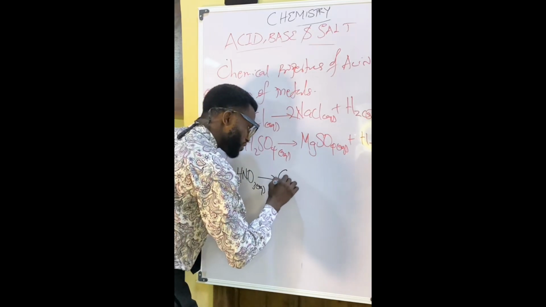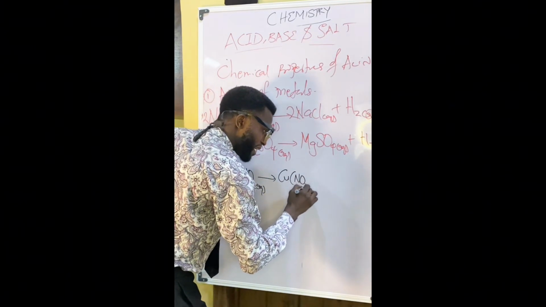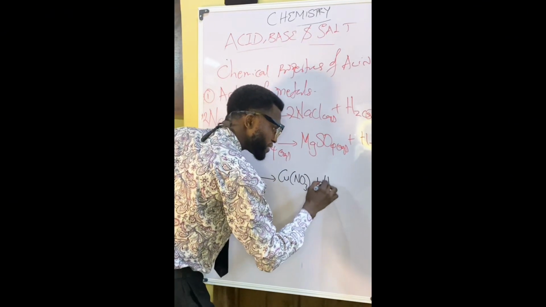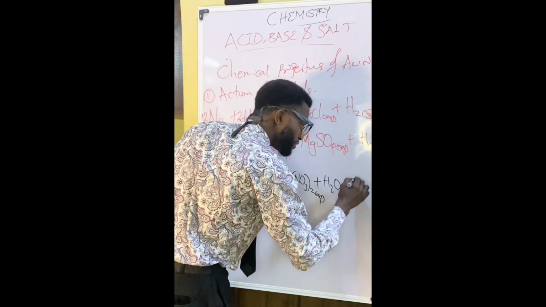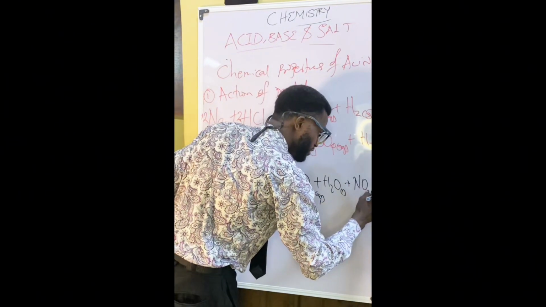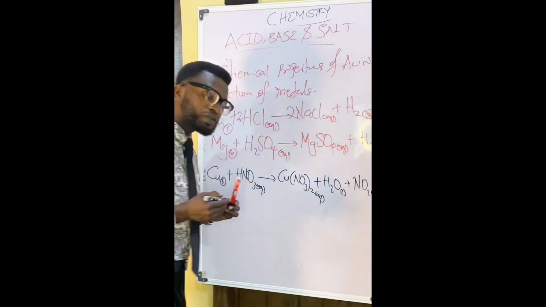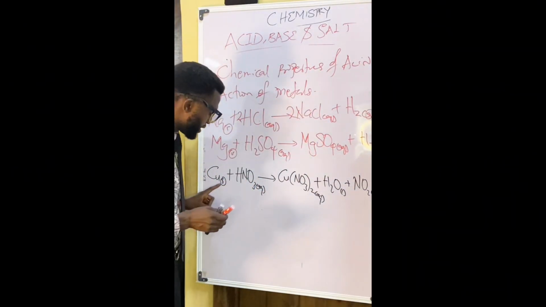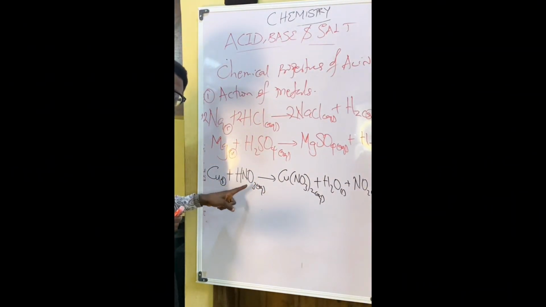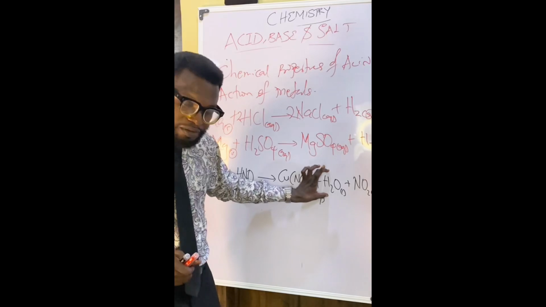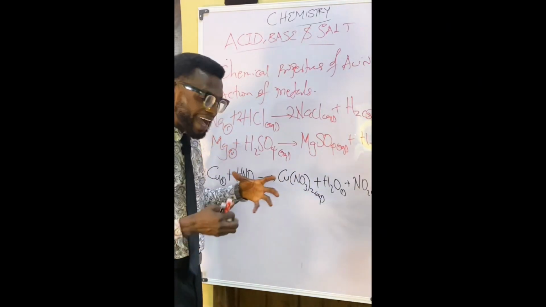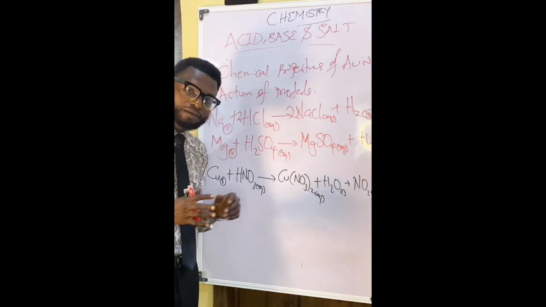We give you copper 2 trioxonitrate 5, water, and nitrogen 4 oxide. So you can see that the reaction of trioxonitrate 5 acid with metal will not liberate hydrogen gas, because the hydrogen gas that will be liberated will be arrested and oxidized to water.